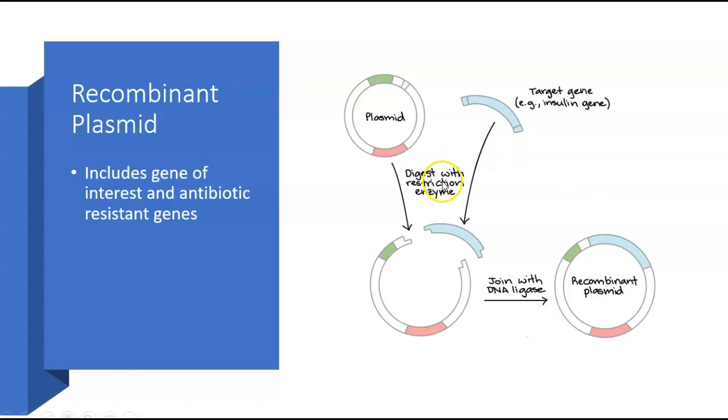And this cutting right here of the DNA in both the plasmid and our DNA of interest happens by this restriction enzyme that will cut at a specific sequence of DNA. And when these pieces of DNA are added together and ligase is added, you can have what is called a recombinant plasmid. Again, these pieces will come together by complementary base pairing.